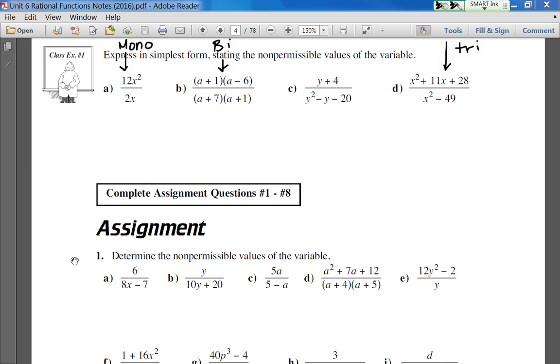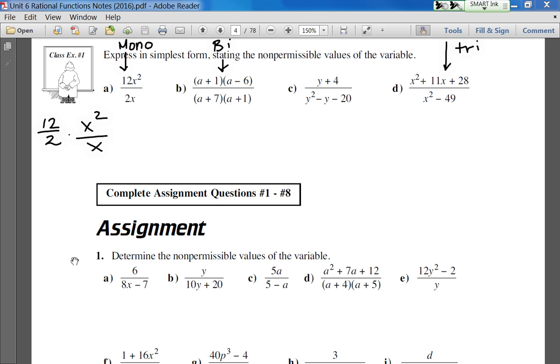Okay, so let's take a look at this. 12 over 2, well, that's just 6, right? 12 divided by 2. What if it was 2 over 12? 1 over 6, right? Okay. Now, let's take a look at the x's. x squared over x. And think of it like a battle. Like, you ever play Risk? You guys ever play Risk?